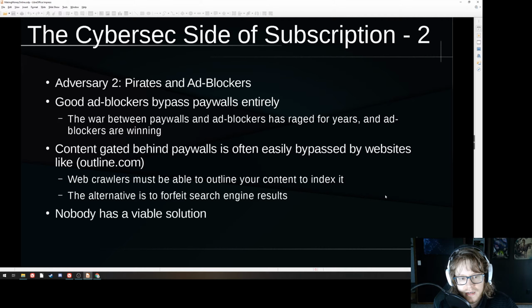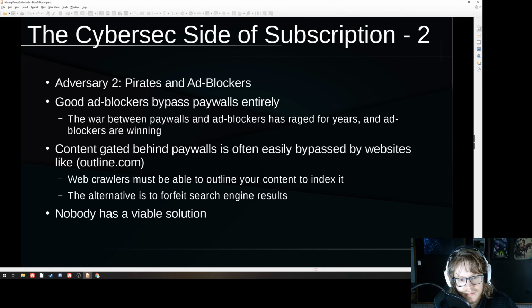If you don't allow your web page to be indexed by a web crawler, then it won't be available in those search results. And if you allow it to be indexed by a web crawler, then outline.com can do the same thing and just display all of the text to the user.